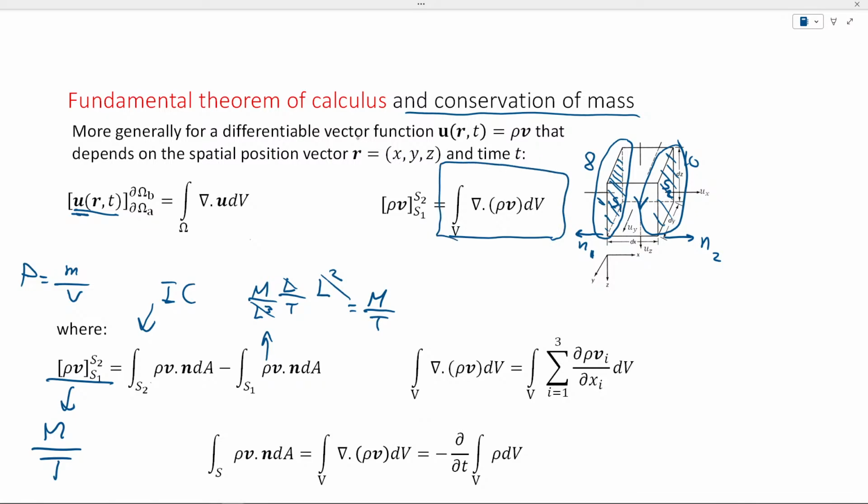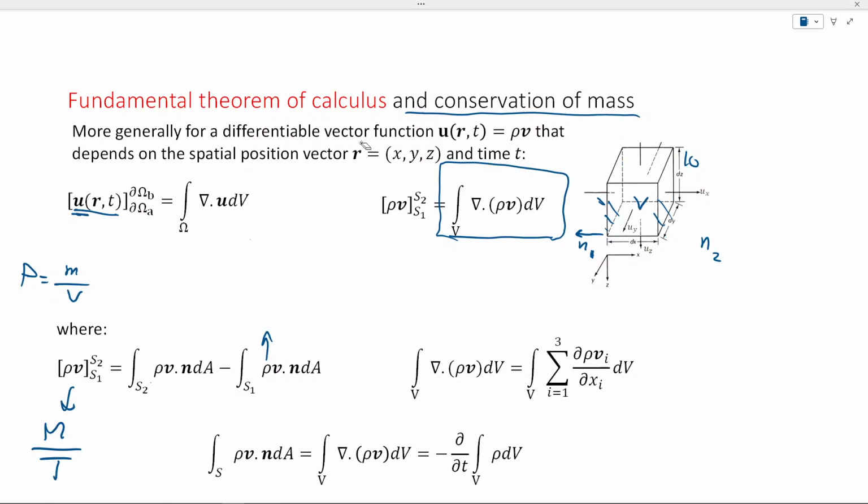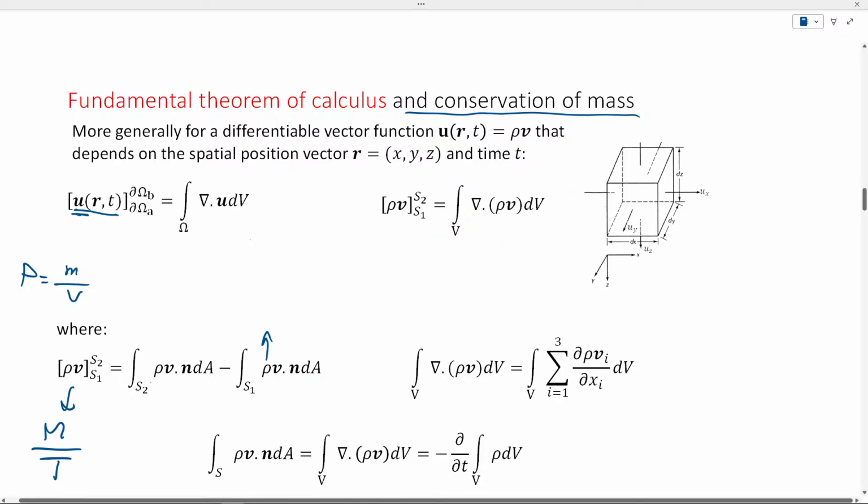That's basically telling me what is stored inside. So let me delete this. So just like the unit of this guy, that's mass over time, and that is basically telling me what is being added or removed inside.